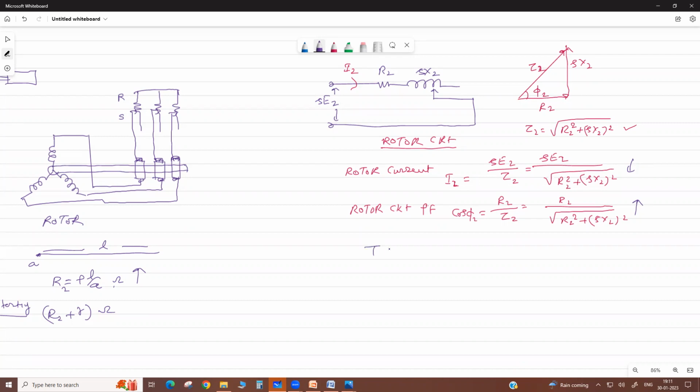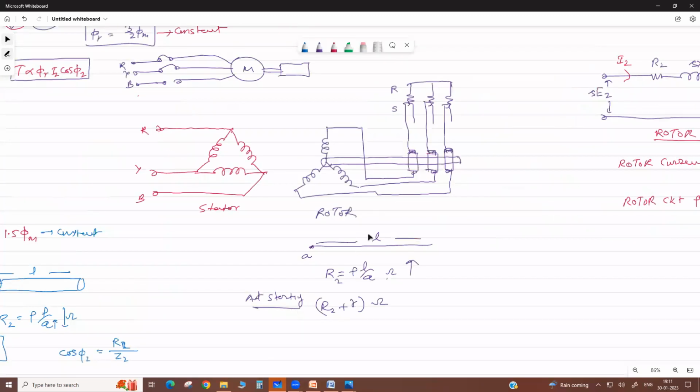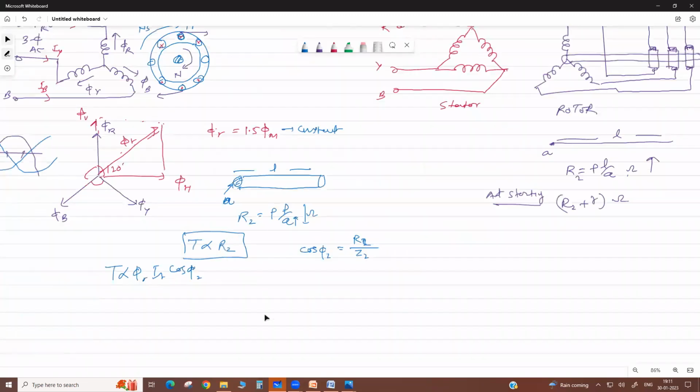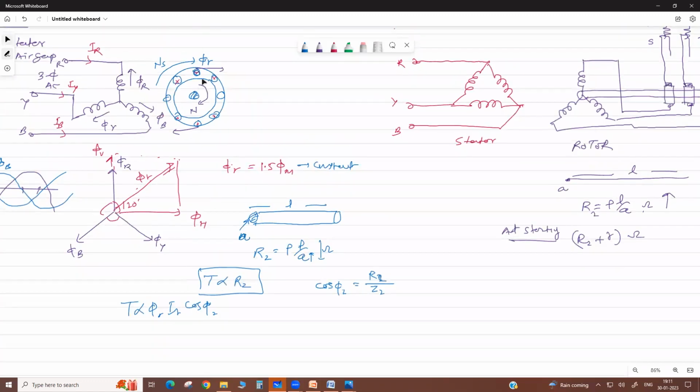And now torque, as you know, is phi R I2 cos phi 2. Or very simply, torque is directly proportional to rotor resistance, or power factor. So there is a high starting torque. These three parameters are low here. Why? Because the circuit is the same, but here the resistance is low, meaning low impedance.